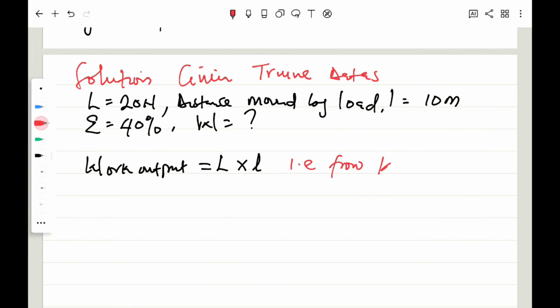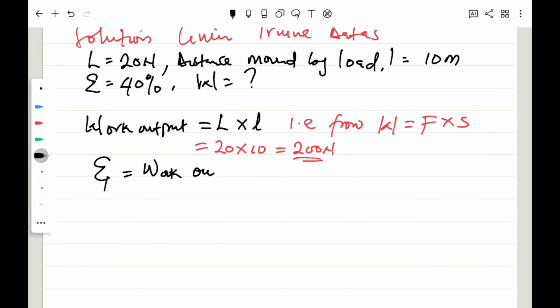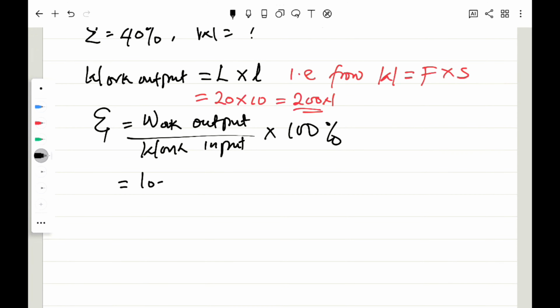So work output is equal to load times the distance moved by load, okay? Because we know that work is equal to force times distance. So 20 times 10 is equal to 200 Newton. So efficiency is equal to work output all over work input multiplied by 100. What are we looking for from here?